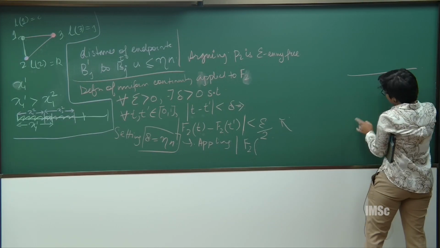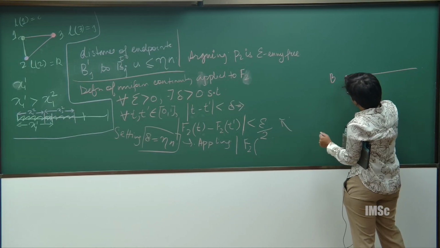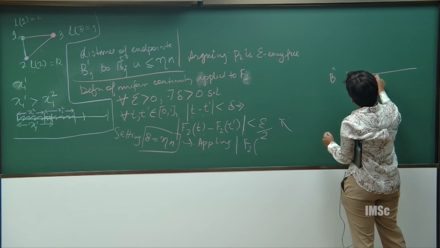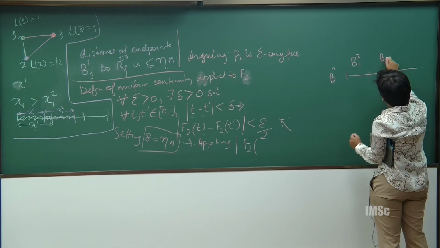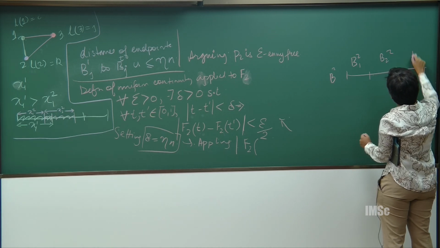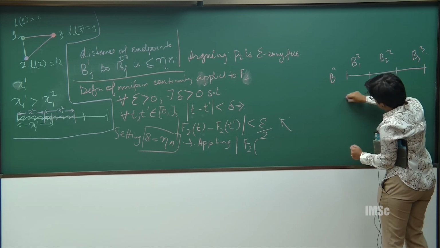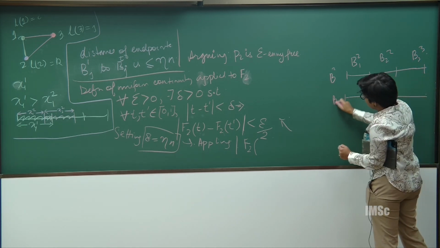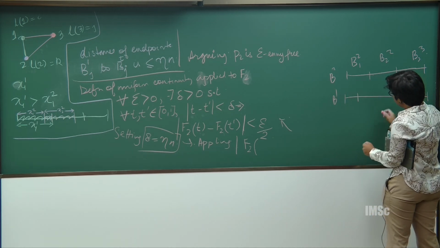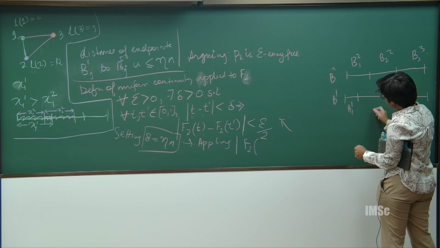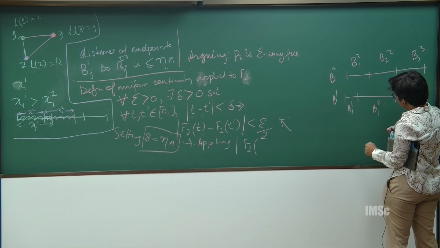So, this is the breakdown from the perspective of player 2: this is B21, B22, this is B23. And from the perspective of player 1, this is different: this is B11, this is B12.